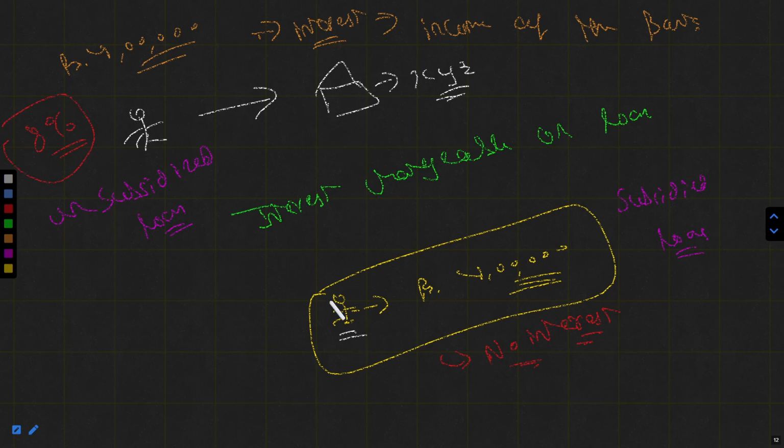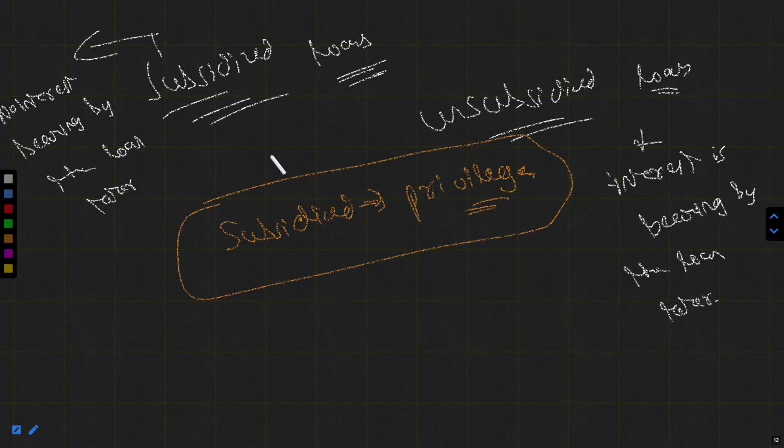But this person who has taken the loan in the subsidized loan category, his interest will be borne by the government. It means that the 8% of 4 lakh is to be given by the government, not by that person. So you can say in the subsidized loan, government bears the interest.